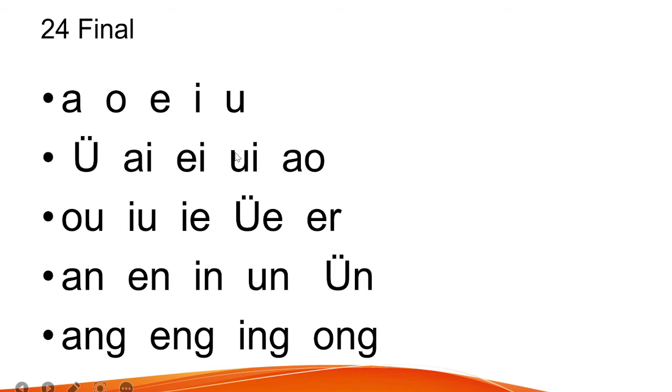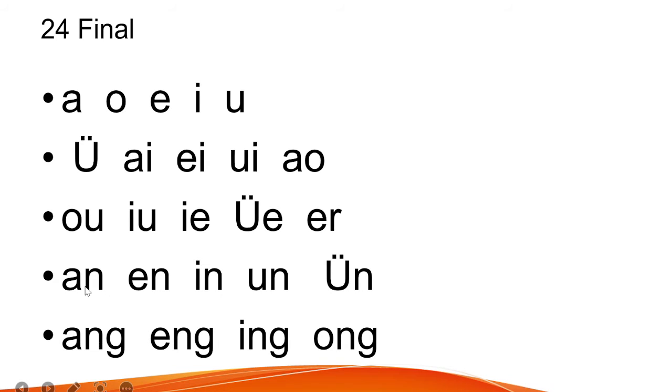UI pronounced as wei. AO pronounced as ao. OU pronounced as ou. IU pronounced as you. IE pronounced as ye. U with double dots and E is pronounced as yue. ER pronounced as er.